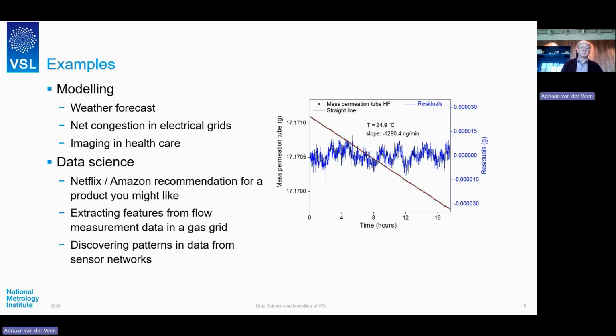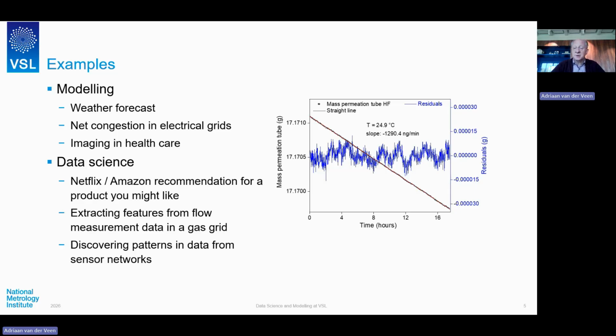And regarding data science, well, the recommendations that you get from Netflix, Amazon, or YouTube, for that matter, for a product, a movie, or something else that you might like based on your previous interaction with the system. Extraction of features of flow measurement data in a gas grid, and discovering patterns in data from sensor networks.